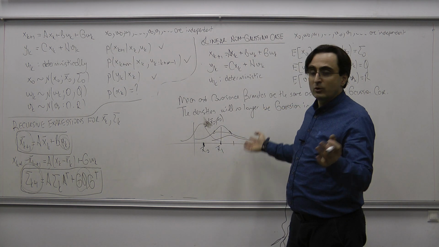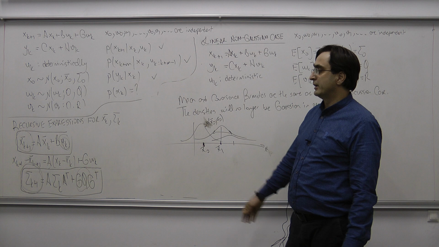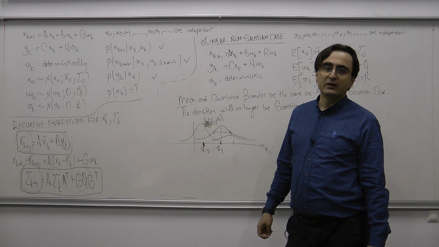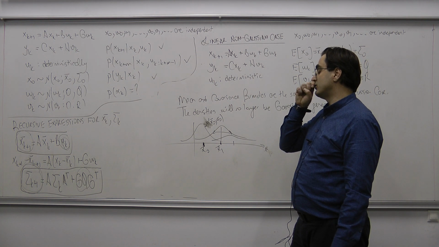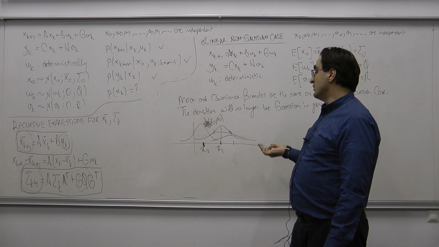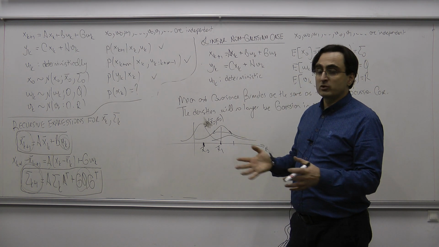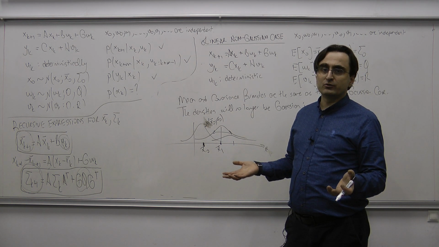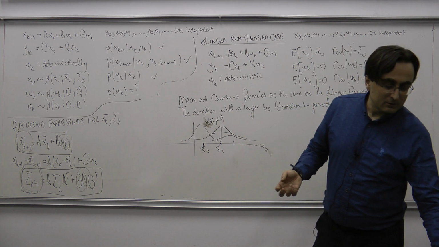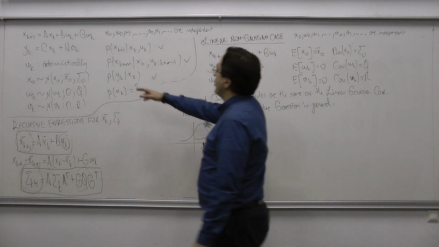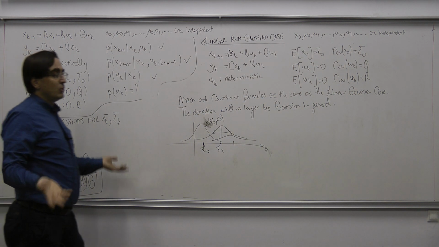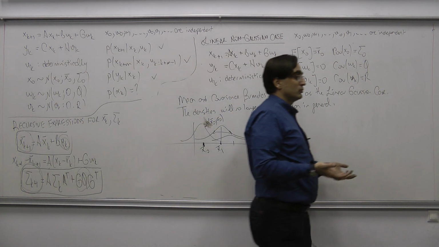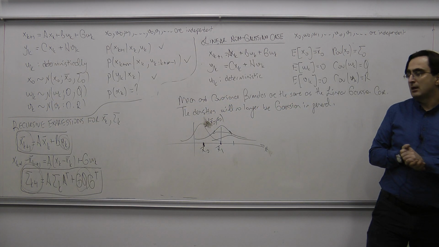So the covariance is going to diverge to infinity sometimes if A is not a stable matrix. And in that case, the state is going to become more and more uncertain. Okay? So the process noise is going to make the state more and more uncertain as time goes to infinity.